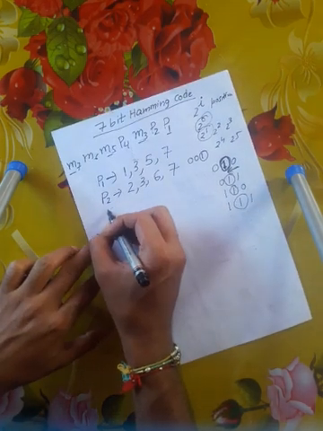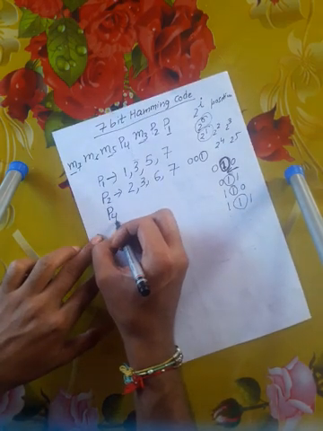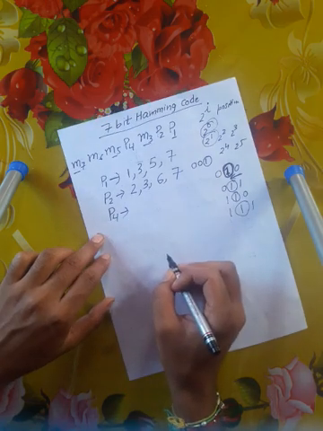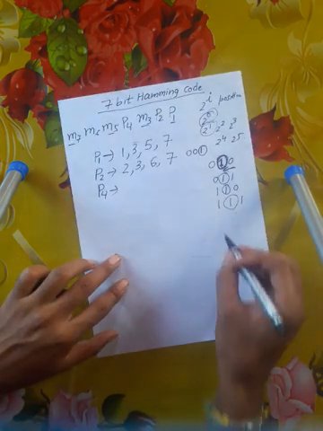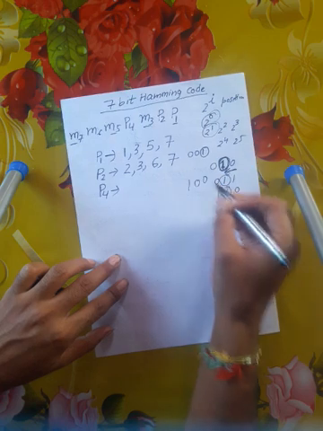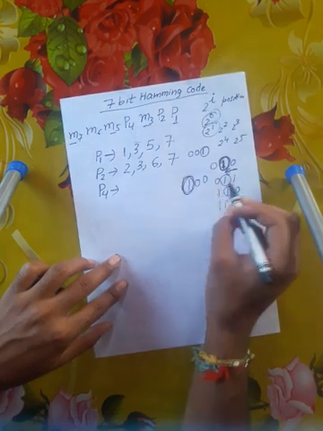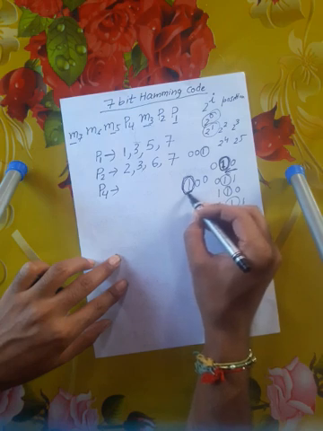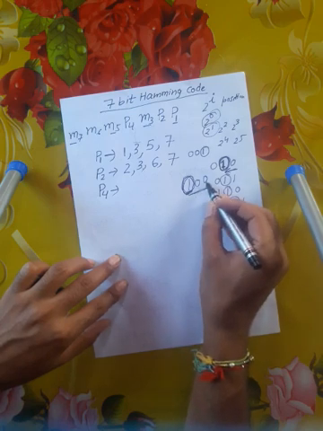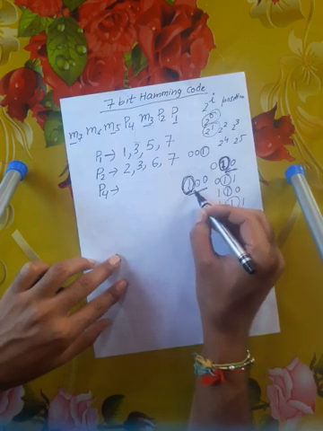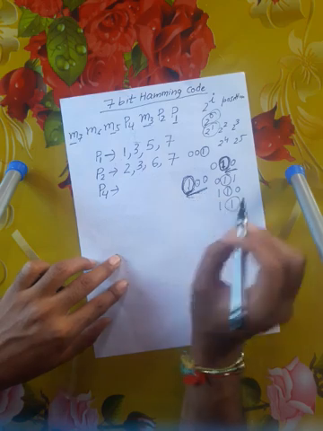Now P4 will be responsible. 4 is 1, 0, 0. Where there is 1 in the MSB, or you can say where there is 1 in the second position. This is the 0th position, this is the first position, this is the second position. Where is it possible?